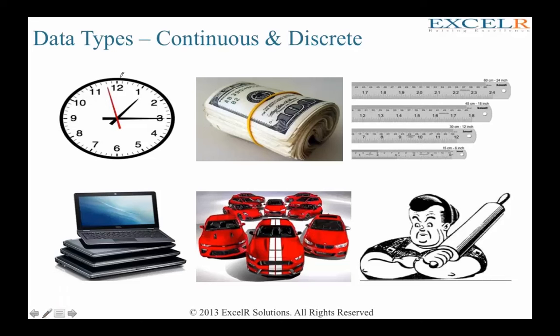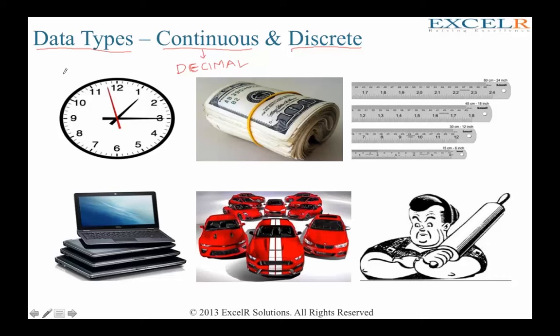As a data scientist, the very first step is to find out what the data types of the data provided to you are. The data can be broadly classified into two categories: continuous and discrete. Anything which can be represented in decimal format, which makes sense, is classified as continuous data.